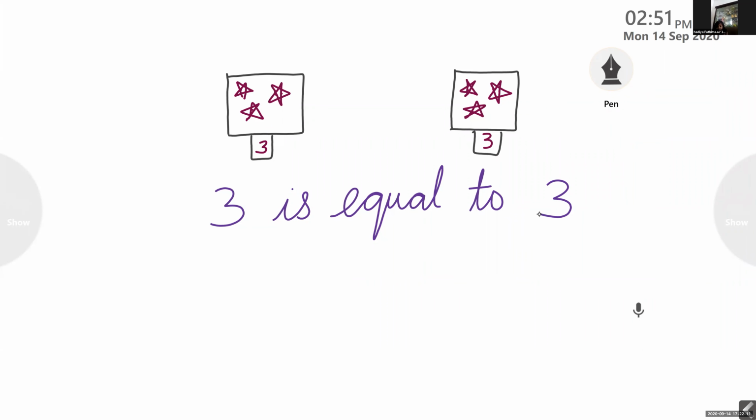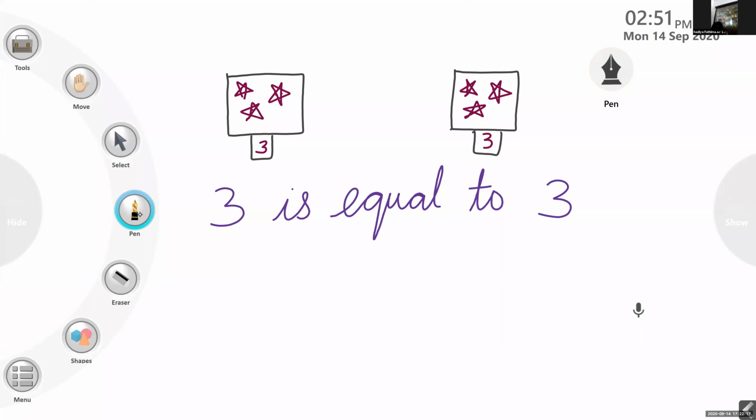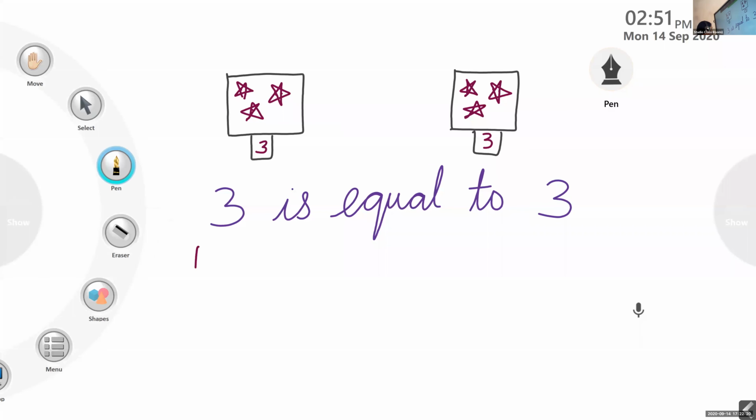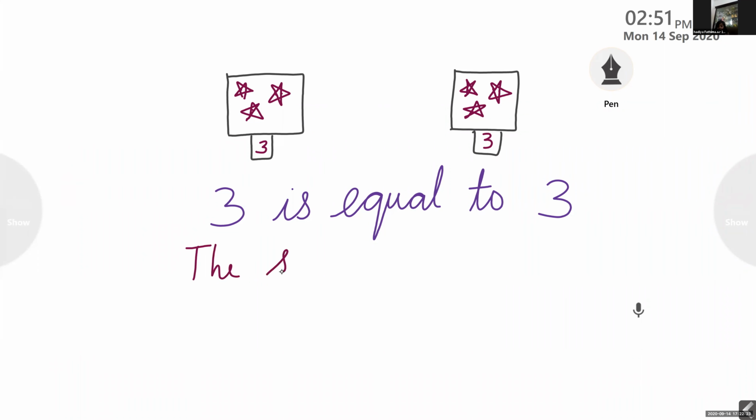Now, instead of "equal to", we can use the symbol. Symbol, the symbol for equal to.